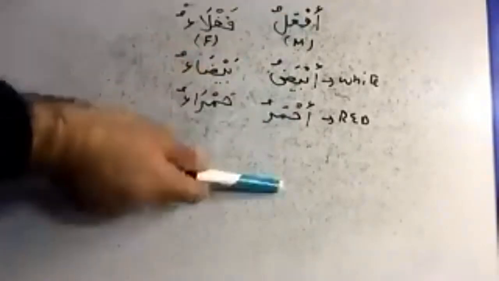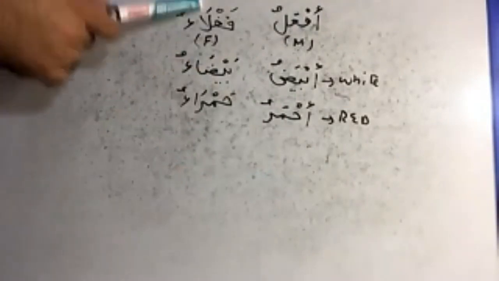So what we have right now is the pattern of af'alu with masculine, and we have the pattern of fa'laa'u with feminine. If we have a masculine noun like qalam, like a book, like a house, we will use this pattern.